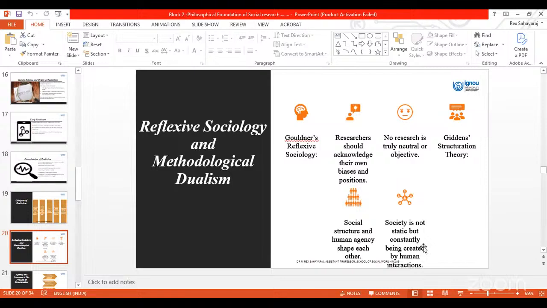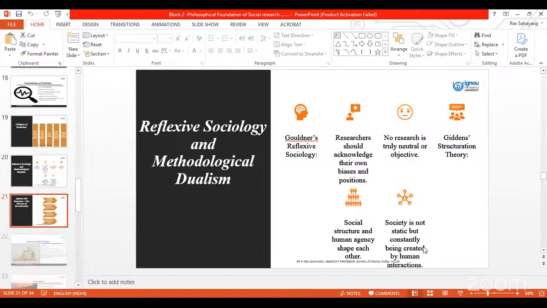Because when we eliminate bias and bring neutrality into our thought process, then the facts and output we bring out of our research will be useful to society, right?